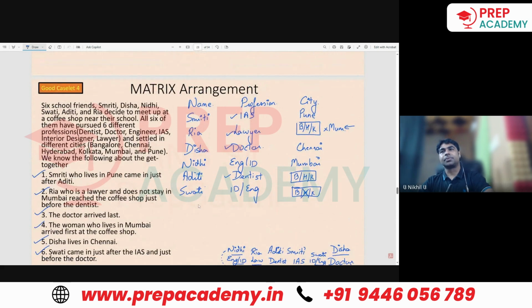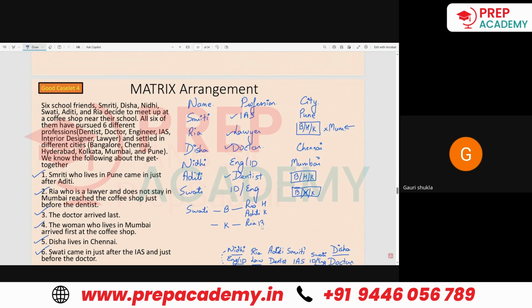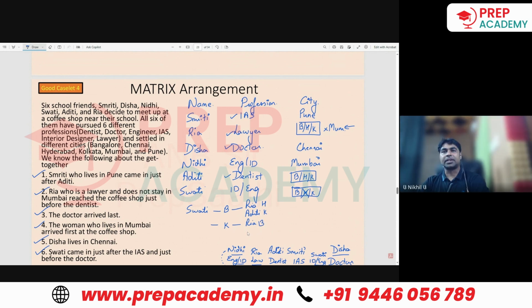If Swati is from Bangalore, then Riya from Hyderabad and this Aditi from Kolkata is possible. And if Swati is from Kolkata, then Riya is coming from which place? Bangalore or Hyderabad. Bangalore and Hyderabad. Aditi.